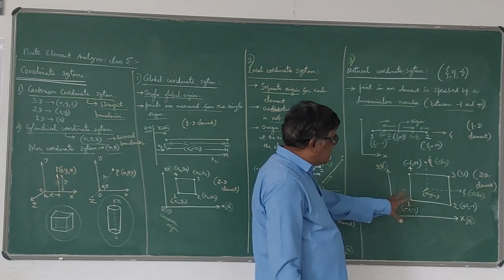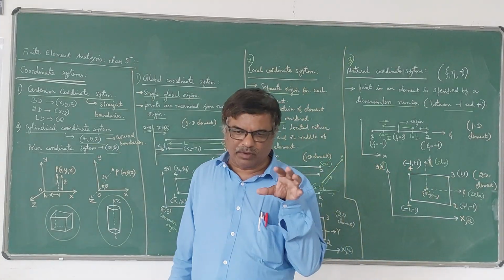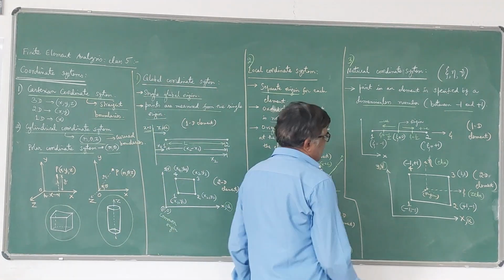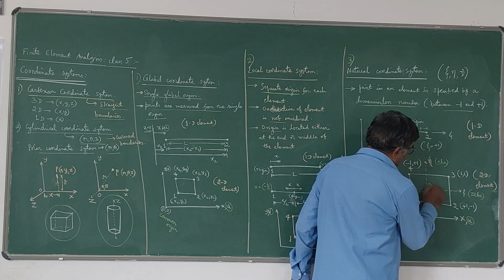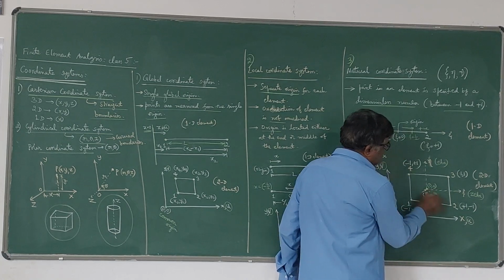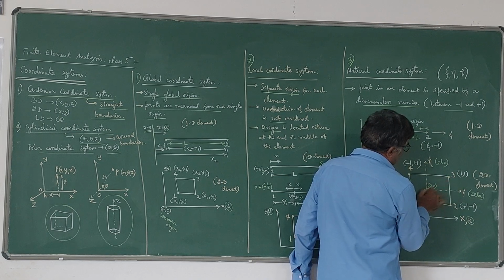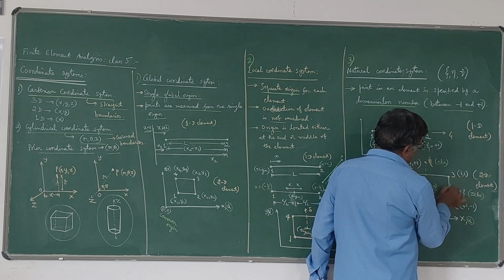Now in this case, since we know that the maximum value of the natural coordinate is +1 and the minimum value is -1, if you take this as the origin, that is 0, 0, then what happens? If you write the coordinates of this point, zeta is positive, eta is positive, so 1, 1.